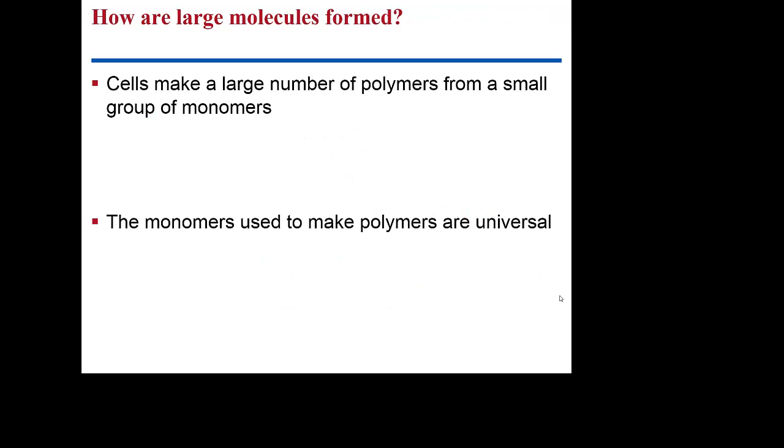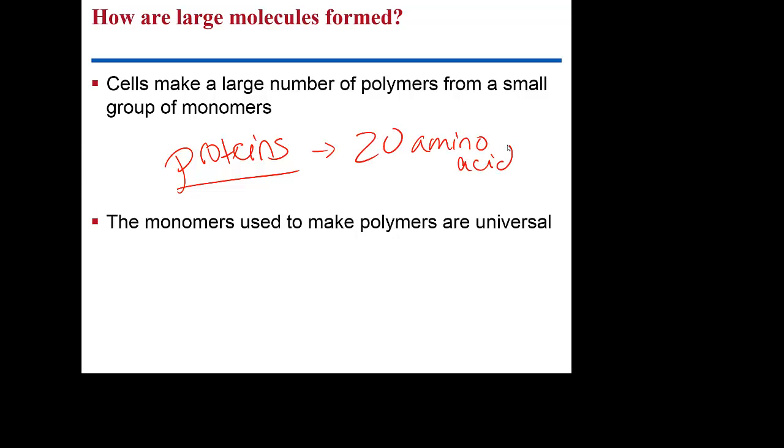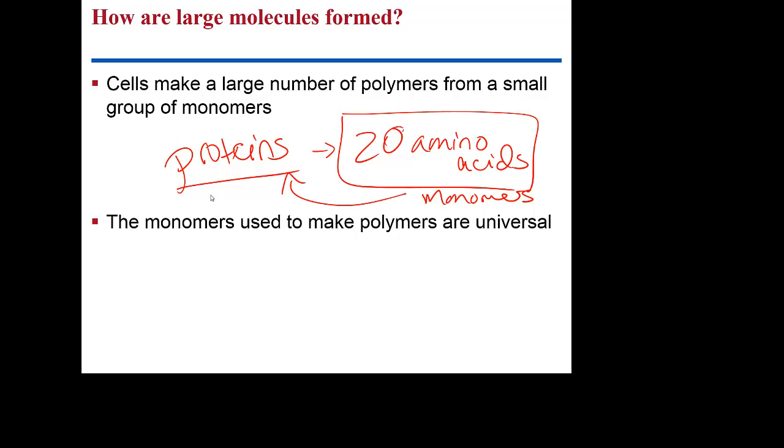So when we look at polymers and building these polymers, for example, all of the proteins in your body, every single one of them, are made from 20 amino acids. So we take those amino acids, which are the monomers, and we put them together in different combinations to build all of the proteins, polymers, in your body.